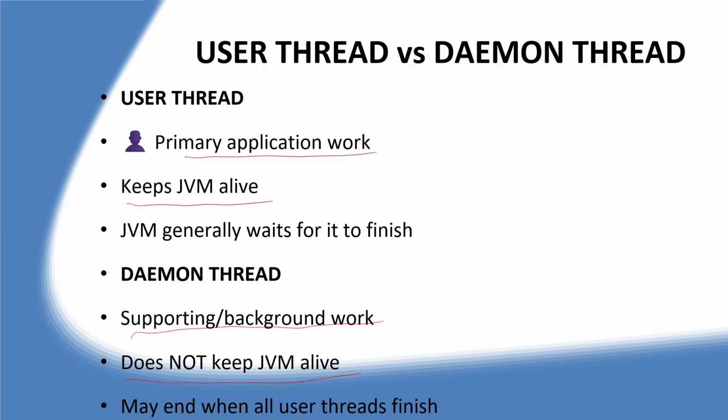So if no user thread remains, daemon threads do not prevent the JVM from shutting down. This difference is extremely important. Deciding whether a particular task should run on a daemon thread or not is based on our requirement.